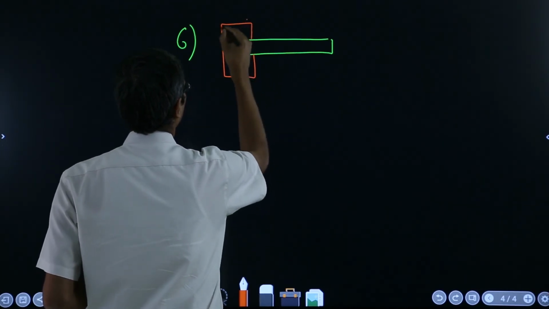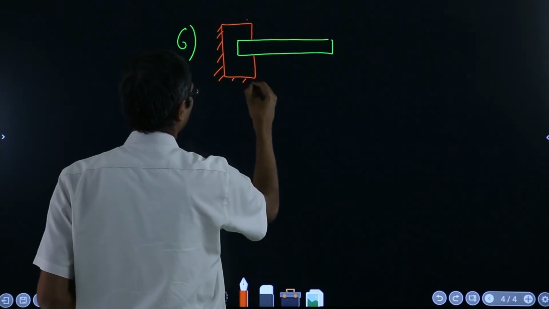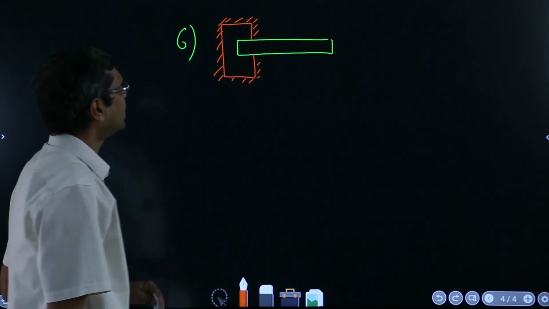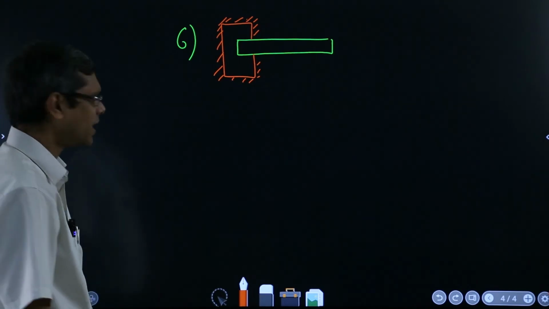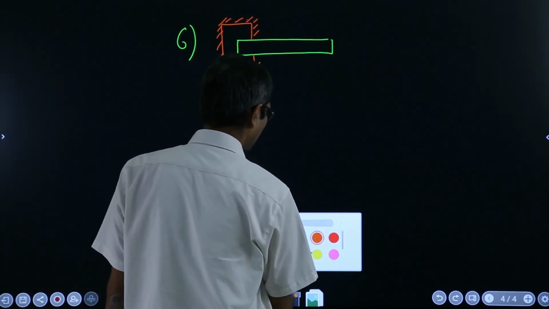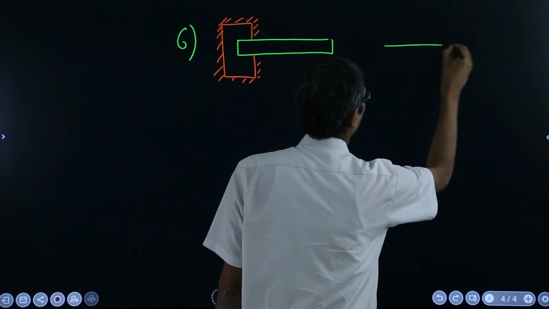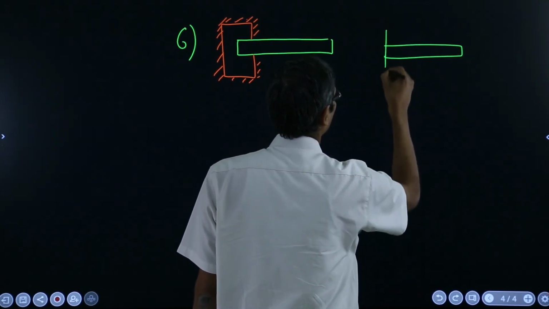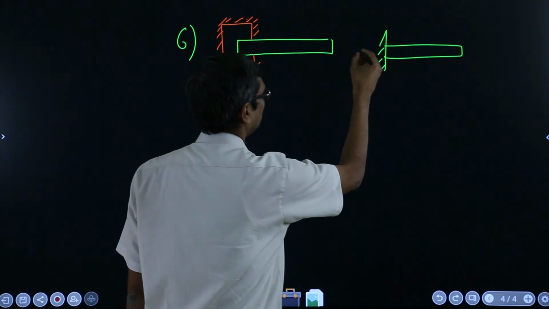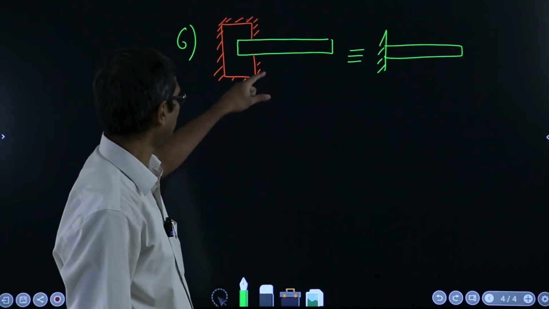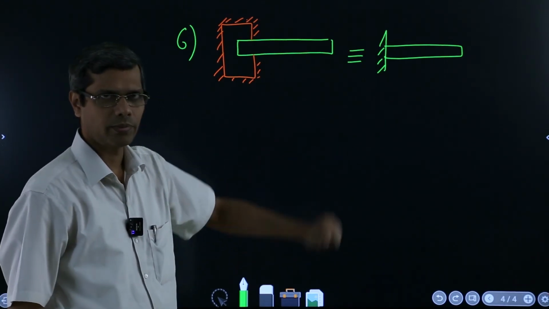So this is a completely rigid wall. Many times in the schematic it is not drawn that elaborately, and you just see something like this shown. So these two drawings are equivalent, and I have always been calling this a cantilever beam.